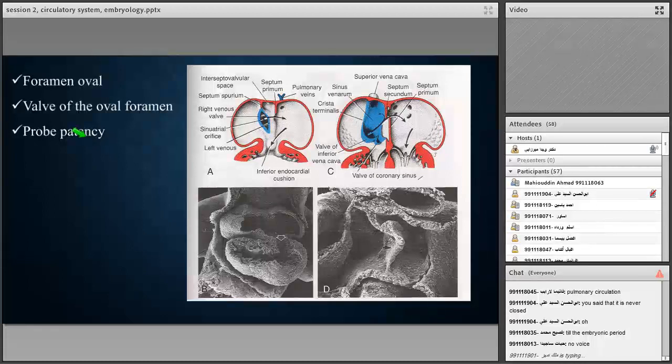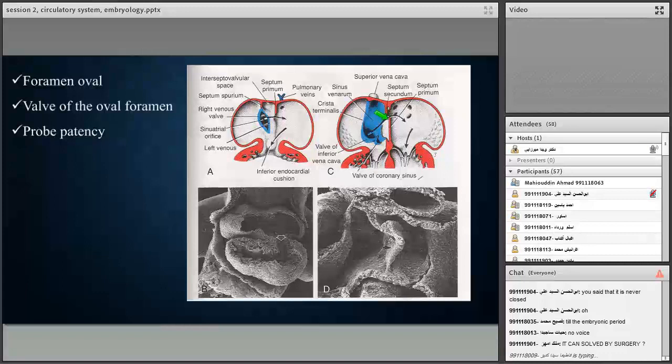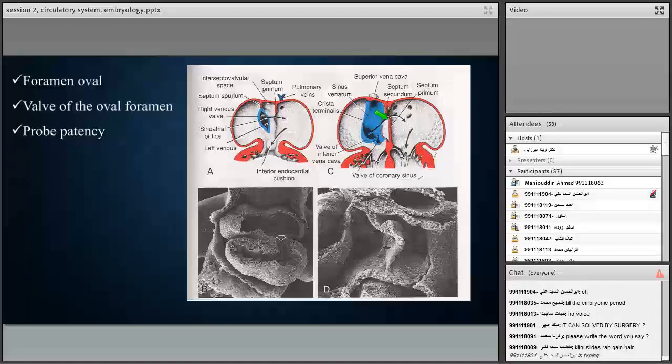In 20% of cases, the fusion of the valve of foramen ovale, I mean septum primum, and septum secundum will be incomplete after birth, so there will remain just a cleft between these two parts. We call that probe patency. But it is not a big problem.